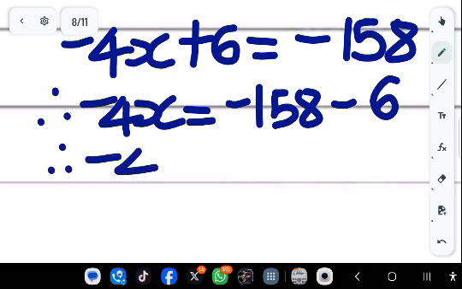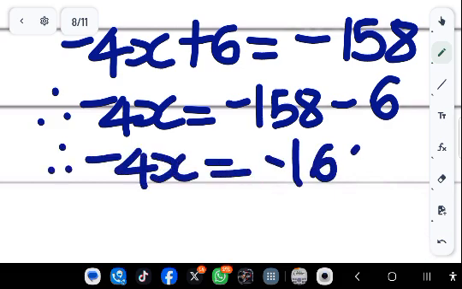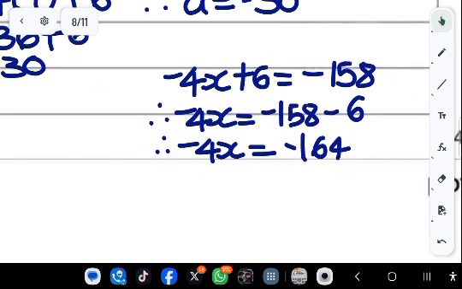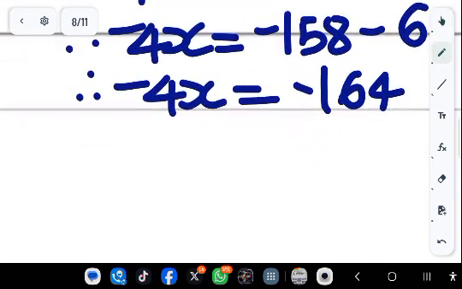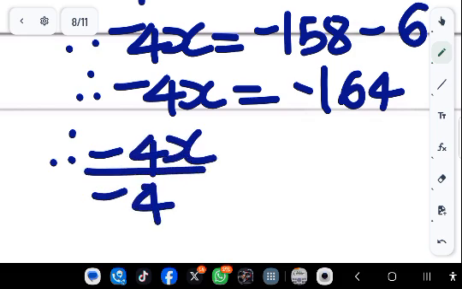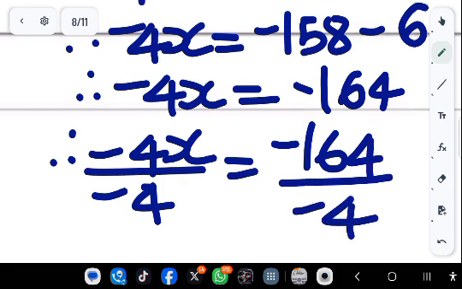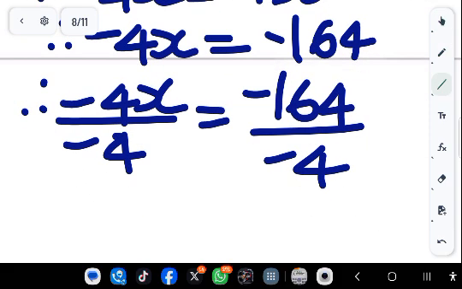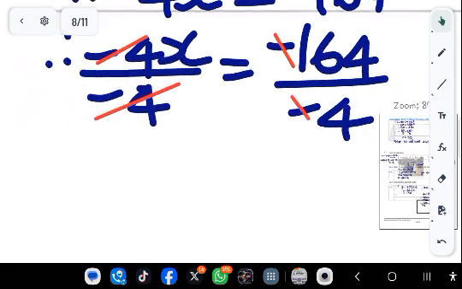Therefore, negative 4x equals negative 164. Now what we do is we divide both sides by negative 4, so we can get x on its own. What we do to the left hand side, we must also do to the right hand side. The signs cancel out and become positive. When you divide a negative by a negative, it gives you a positive.